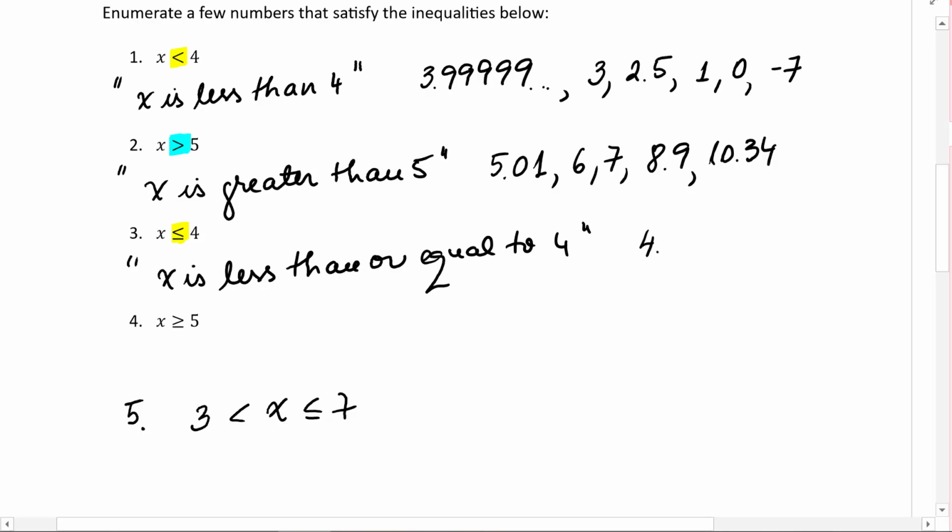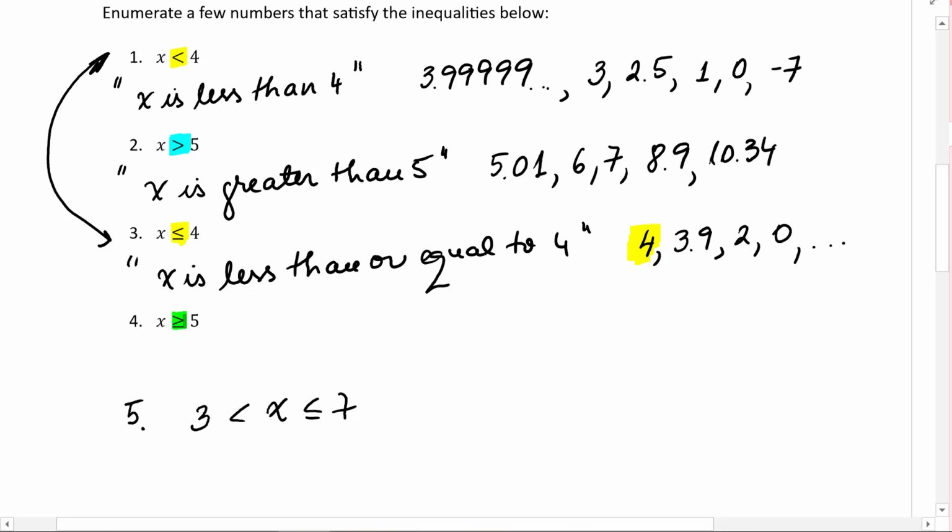It means 4, 3.9, 2, 0, and so on. And I hope you notice between 1 and 3 how I did include 4 in my answer this time, because the symbol is less than or equal to. So it's including the value.